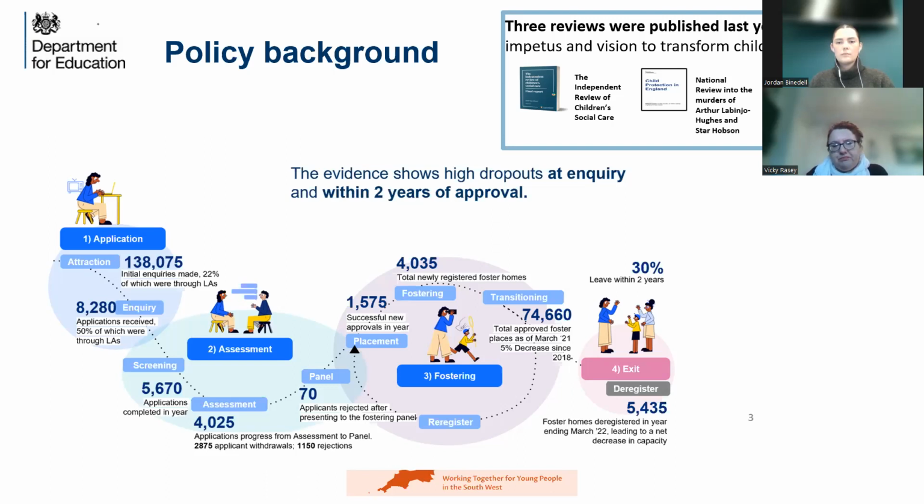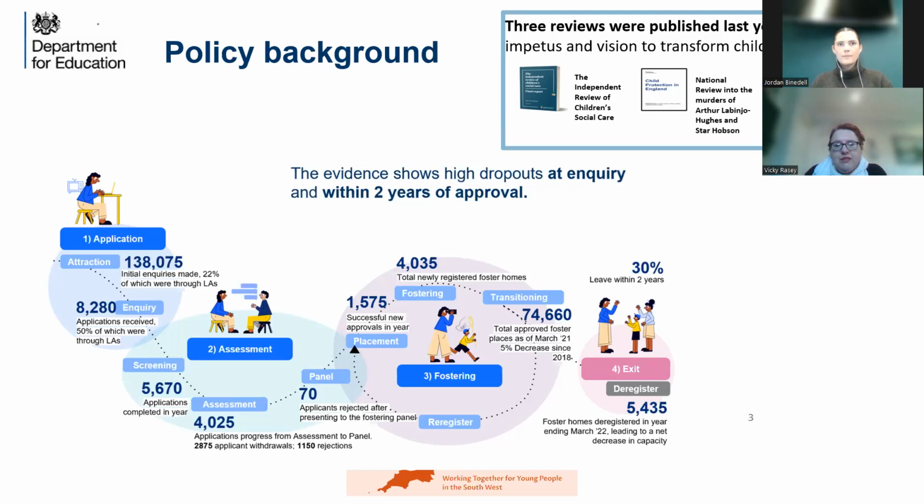If we focus in on fostering at the moment, you can see that little diagram on the slide. It starts at application and ends with what they call an exit or a deregister. That's the journey of a foster carer through our system.